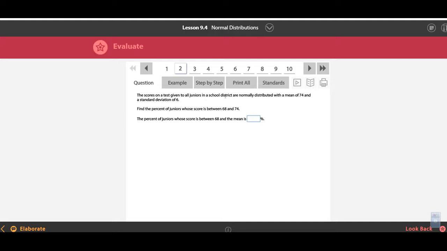All right, here we go. The scores on a test given to all juniors are normally distributed with a mean of 74 and a standard deviation of 6. Find the percent of juniors who are between 68 and 74. All right, so this time we have a mean of 74 and a standard deviation of 6.